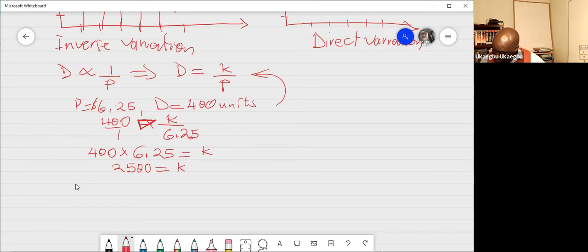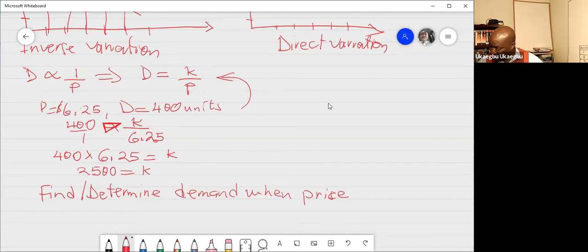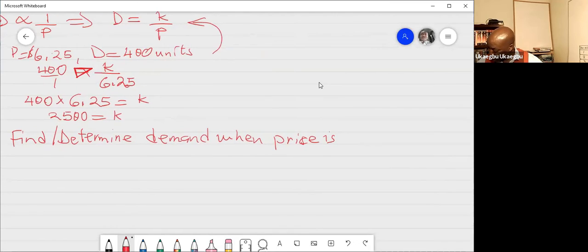You can say find or determine the demand when the price is $5.75, this is in dollars. So approximate the demand.